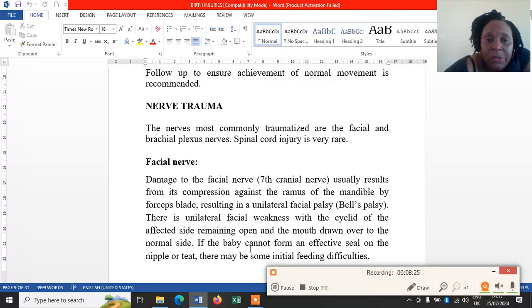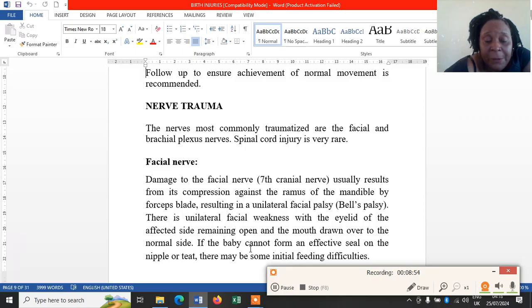The common nerves traumatized are those nerves which supply the face and the brachial plexus. The brachial plexus are those nerves which serve the upper limbs or the arms, and then those nerves which serve the face. Spinal cord injuries are rare, but we may not exclude them completely.